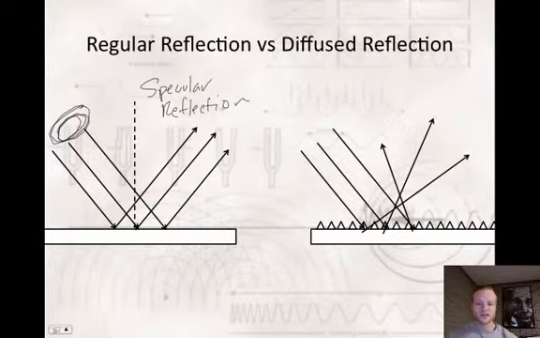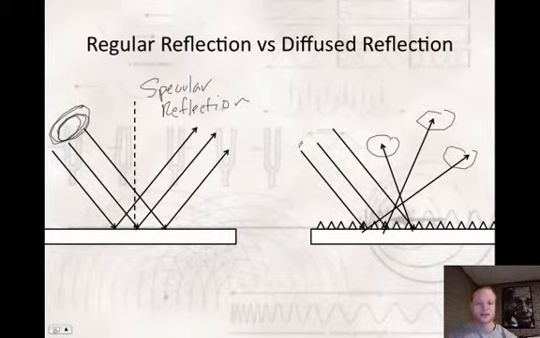Whereas over here, this is at a microscopic level. Obviously t-shirts don't feel jagged, like there are teeth on them, but as the light waves hit this rough surface, they reflect off at really funky angles. Here are all these different light waves reflecting off. They still follow the law of reflection.